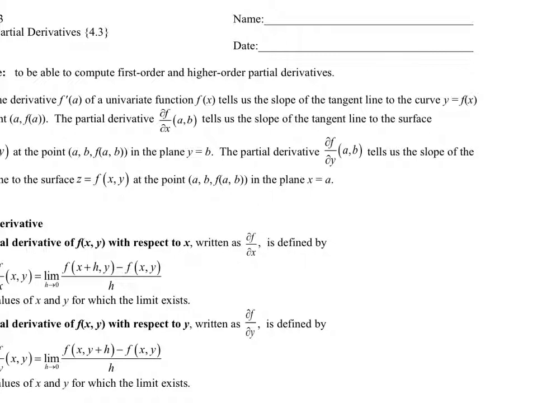So in the case of finding the partial with respect to x, I'm just thinking of my equation as a function of x, where all y's can be thought of as constants. So I'm holding y constant, and it can be a particular constant.